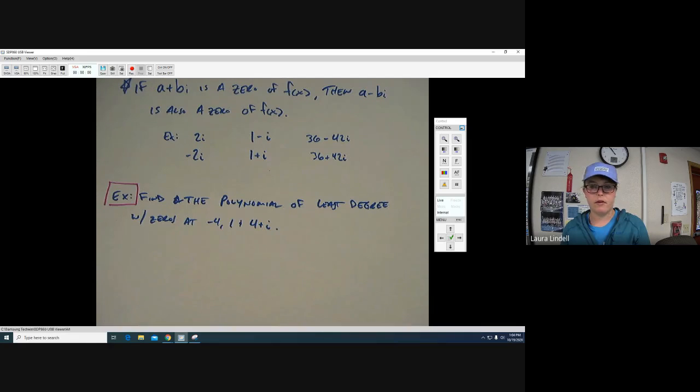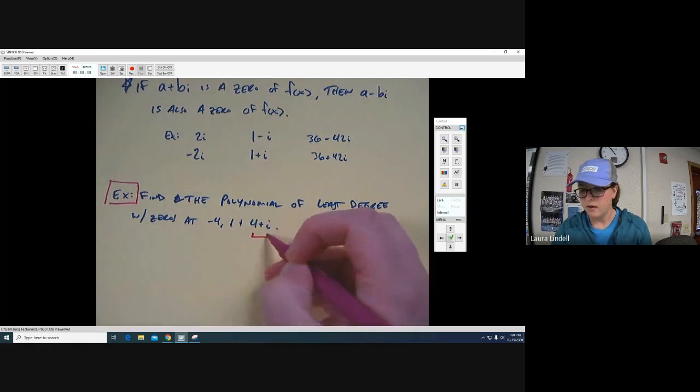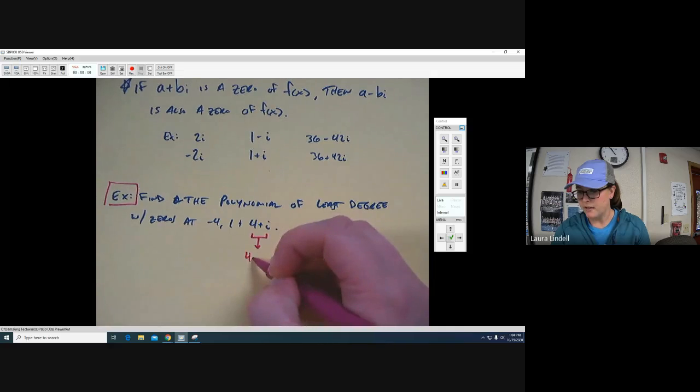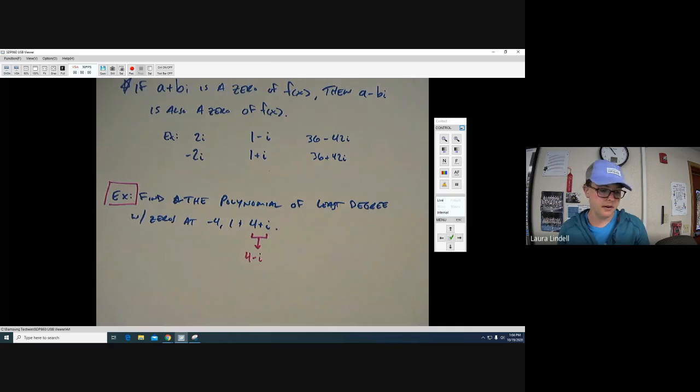What's my fourth zero going to be? Yes. Knowing that 4 plus i is a zero, that tells me that 4 minus i is also a zero. So we need to account for that as well.